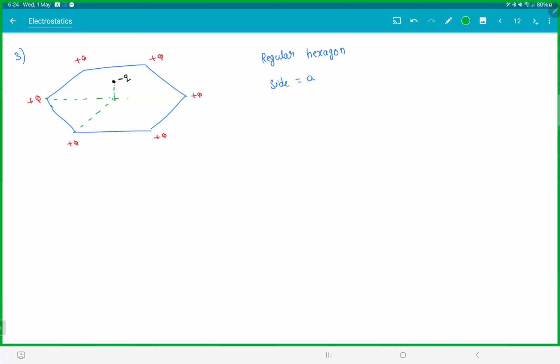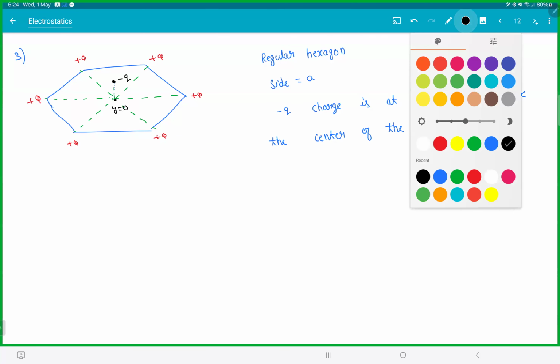I hope you're getting how is the diagram. This minus q is not in the plane. Minus q charge is at a height of y above the center of the hexagon. So you can choose this point as y is equal to 0. So that center is y is equal to 0.